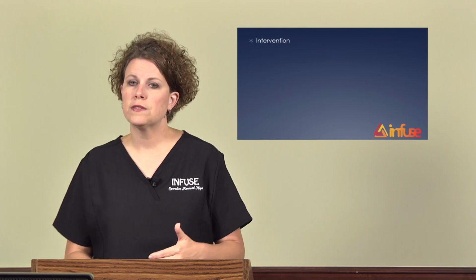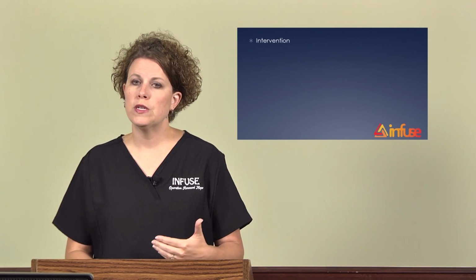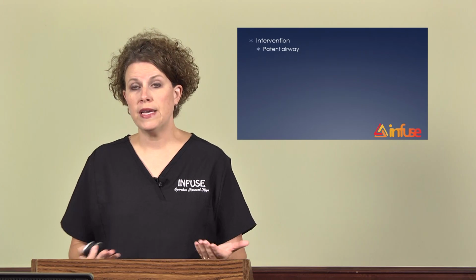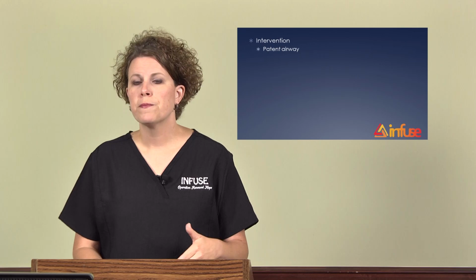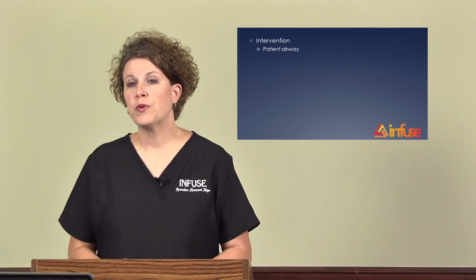So as we consider the airway and we look at causes and trying to identify what is the problem, why is this patient not able to breathe well, then we want to consider our interventions. With interventions, we want to, first of all, make sure that we have a patent airway. If the patient doesn't have a patent or an open airway, then they're obviously not going to be able to breathe well.